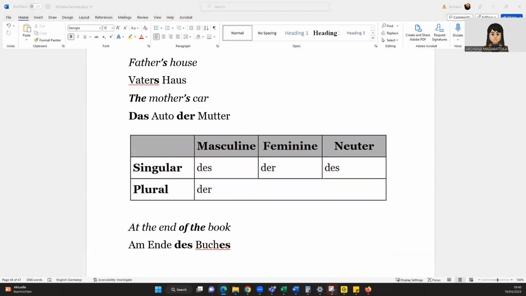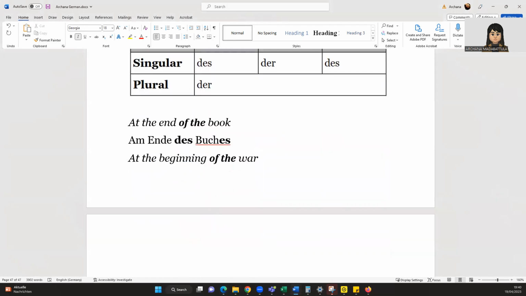Now, for anything at the beginning or at the end, it is Anfang for beginning, and Ende means end, but beginning is always Anfang. Anfang des Kreises. I'll write it here.